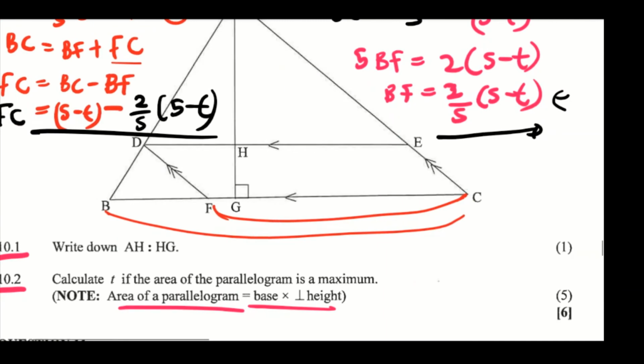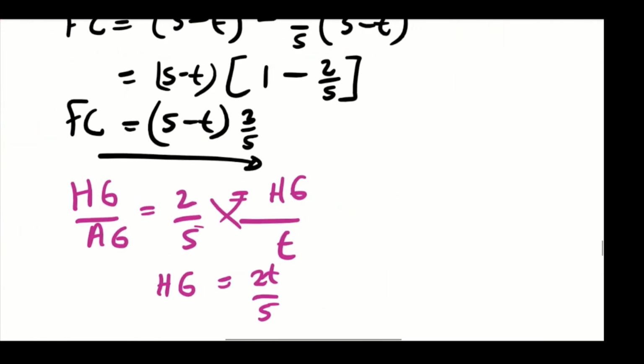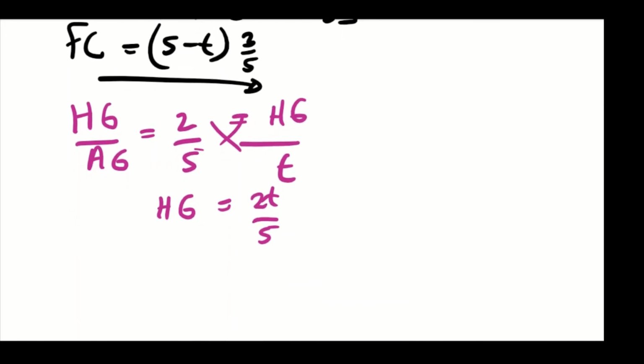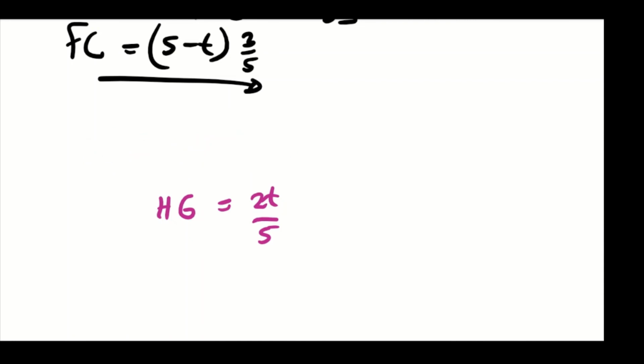I'm talking about this one here. So now we have the dimensions of the parallelogram, so we can now find the necessary area of this parallelogram. So just to remove everything here, I have HG, which is equal to 2 over 5 t.